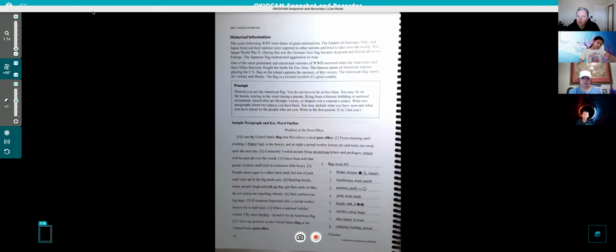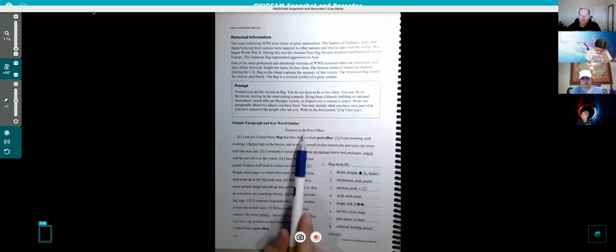I know that sounds kind of weird because a flag is a piece of material, but it's a symbol. That's what they're wanting you to learn how to do, is write a creative story, pretending that you are the flag. So here is a sample paragraph right here.